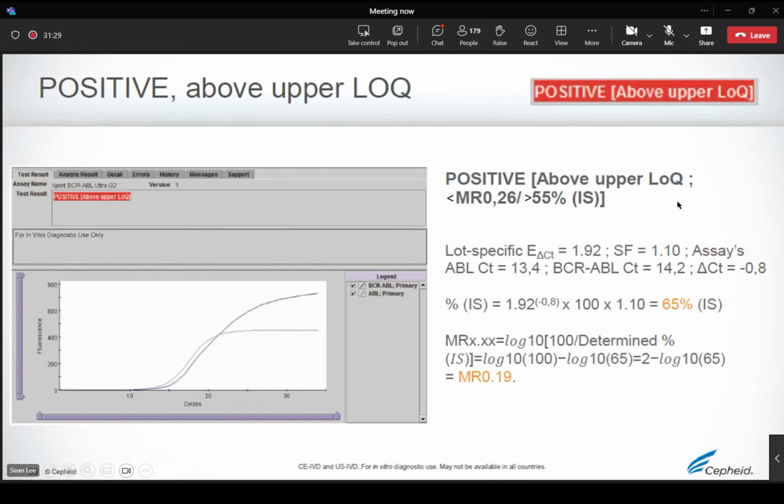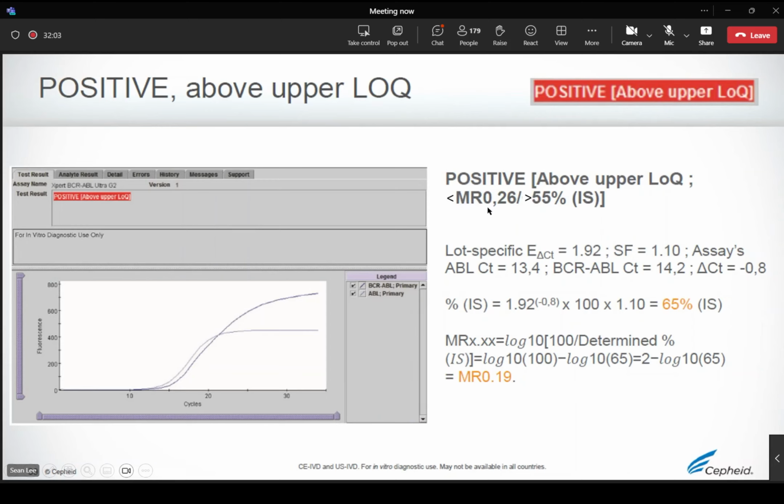In some cases, you might get a positive result above the upper limit of quantitation. It means that the value is beyond the limit of quantitation, and it cannot give you the result accurately. But if you wish to know, you can do the manual calculation by yourself. This positive result above the upper limit of quantitation means a value less than MR 0.26 and more than 55% IS.